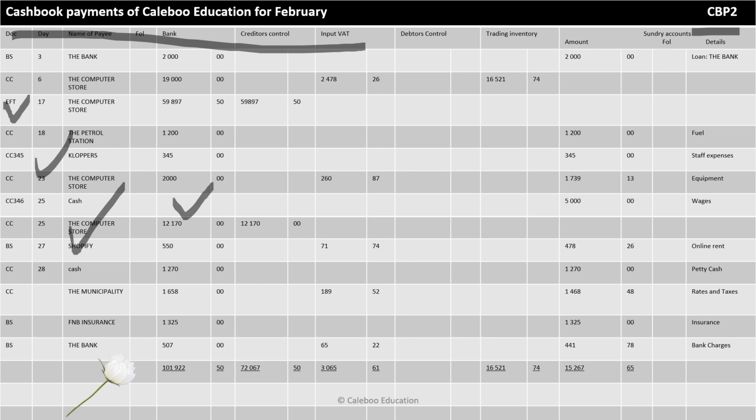Every single transaction appears under bank. I see there's a typo here. There should be 5,000 under bank. It's been left out. And you have columns for input VAT. Nothing appeared here under debtors control, trading inventory, and all these sundry transactions that took place.